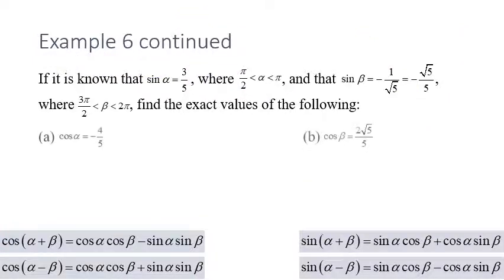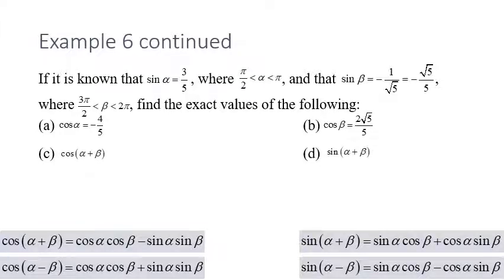Okay, so now that I know that the cosine of alpha is negative 4/5 and the cosine of beta is 2 root 5 over 5, now I can use these sum formulas to find the values of the cosine of those two angles added together and the sine of those two angles. So I'll use my cosine sum formula.